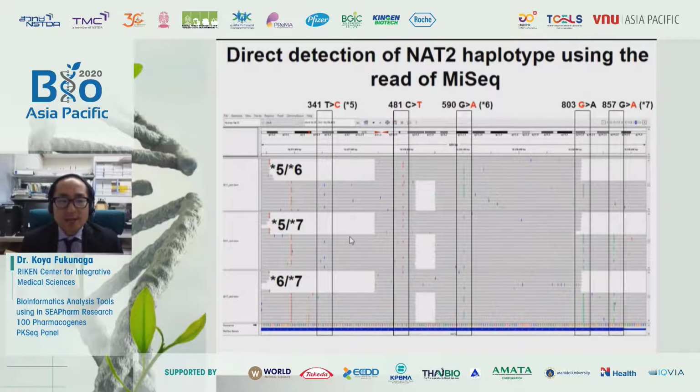I combined both reads and show the mapping status using IGV software in this slide. In the upper panel, this subject carried NAT2*5 and *6. You can see the blue base and red base carried on the same chromosome like this, and the red base and the green base carried on different chromosomes. Therefore, this NAT2 genotype is *5/*6.